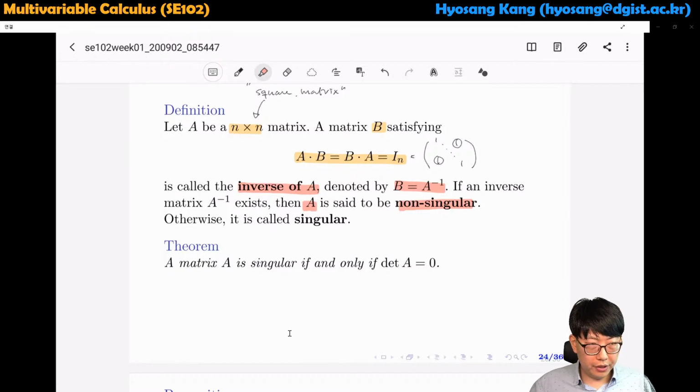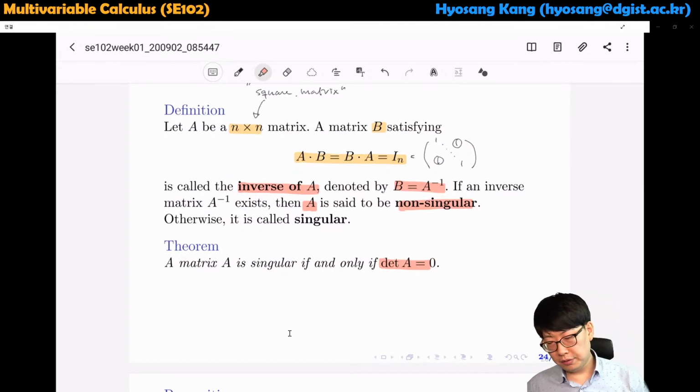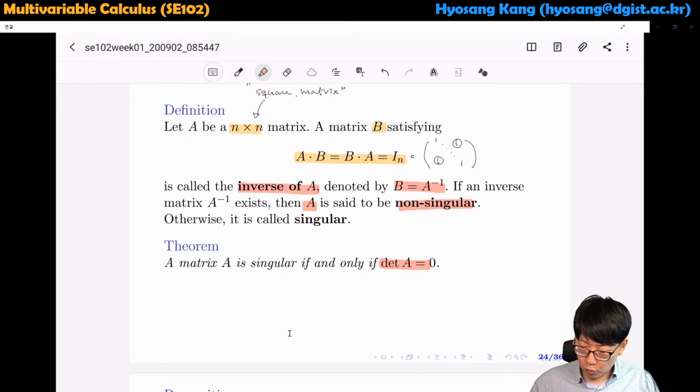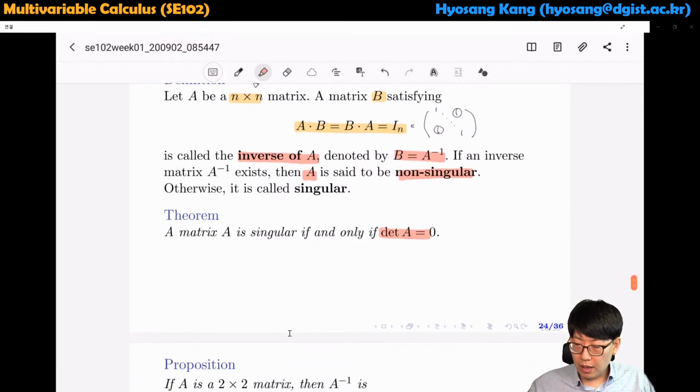And there is an easy way to check whether a square matrix is singular or not. If the determinant is 0, it's always singular, and if it's singular, then its determinant is 0. So the determinant is important when you check whether the matrix is singular or not. And why singularity is important will appear in linear algebra. We're not going to go deeper into that.